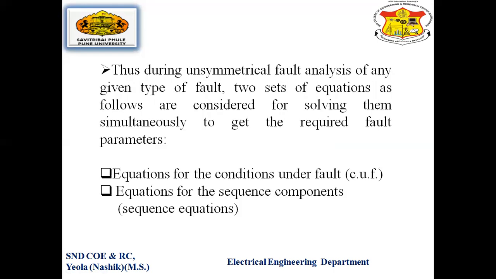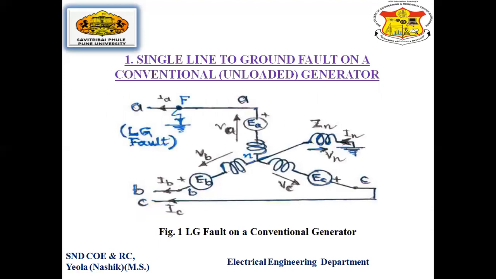Thus, during the unsymmetrical fault analysis of any given type of fault, two equations are considered and solved simultaneously to get the required fault parameter. First is the equation for the condition under fault. Second, the equation for sequence component, or sequence equation.